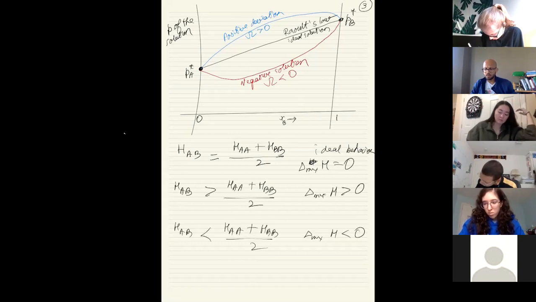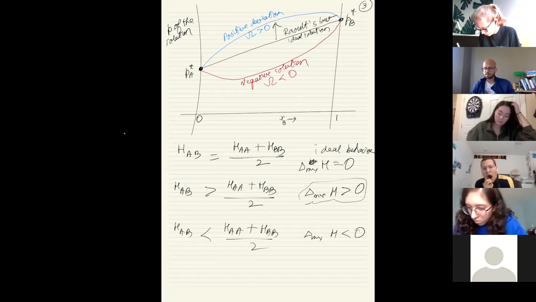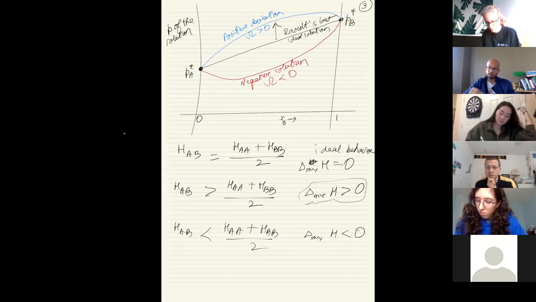Okay, we say that delta mix H is positive. Why does this mean that the pressure is higher than the ideal behavior? That's the thing you need to think about physically. If A does not like B due to enthalpy reasons, there is an entropy reason too. The entropy reason is already accounted for in our straight line.